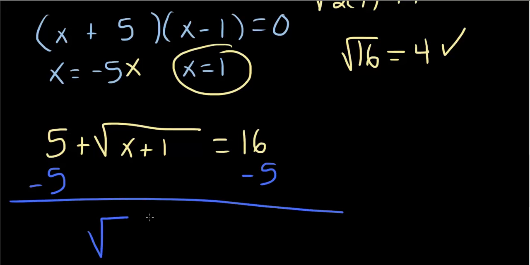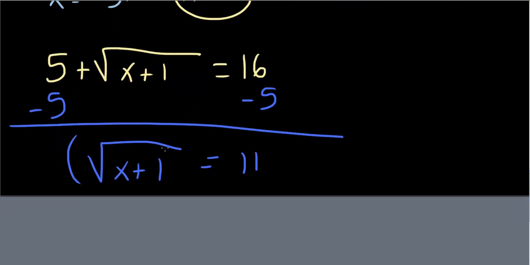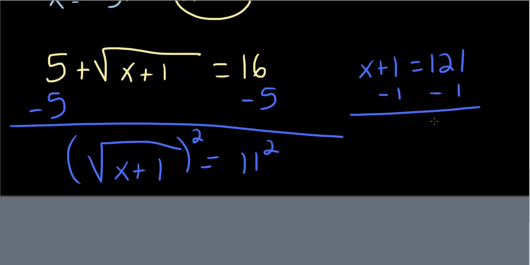That gives us the square root of x plus 1 equals 11. Then we elevate both sides to the power of 2, so x plus 1 equals 121. We subtract 1 from both sides, so x equals 120. And again, you want to go back and test the answer.